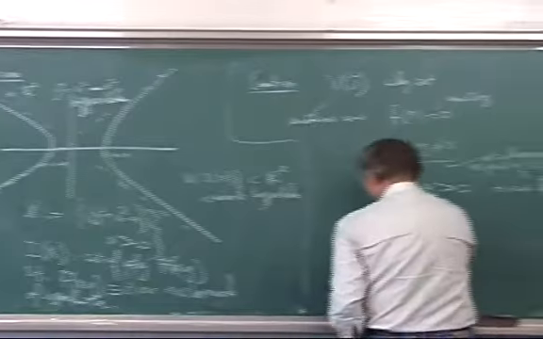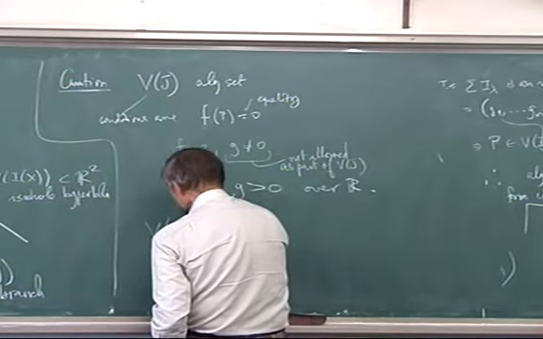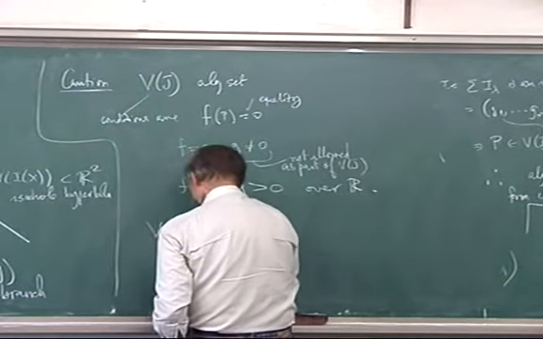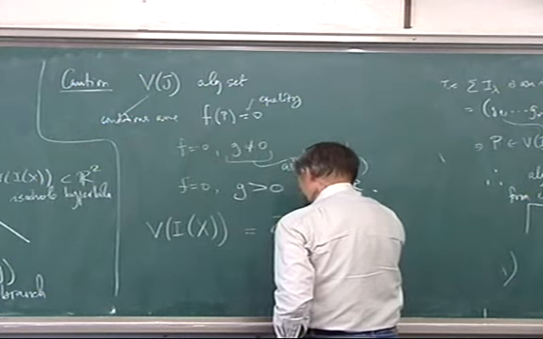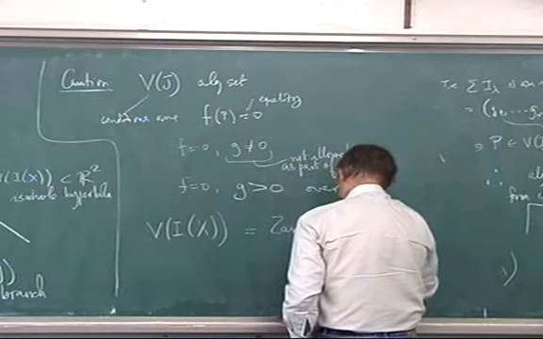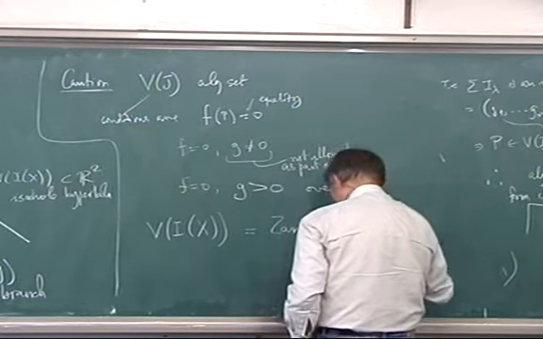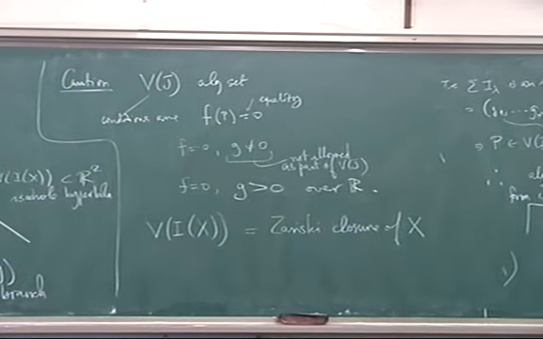So the construction V of I of x is the Zariski closure of x. This is going to turn up in other contexts again.